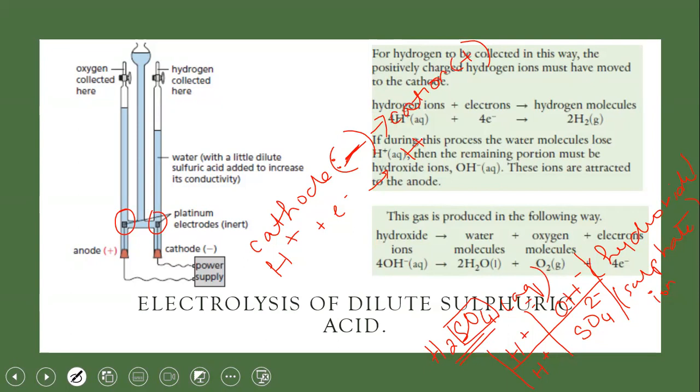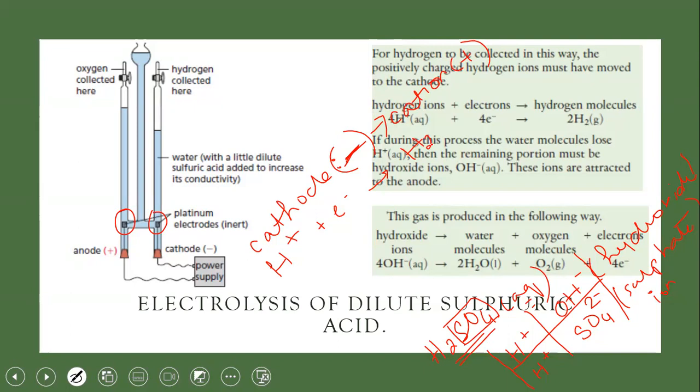Like I told you, bromine is Br2, oxygen is O2, so hydrogen is H2, right? So you're going to write down H2, because the formula for hydrogen gas is H2.